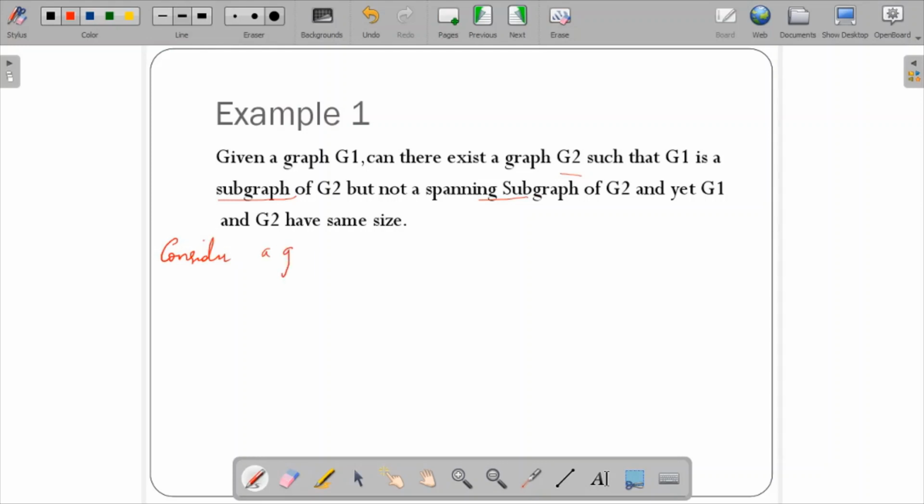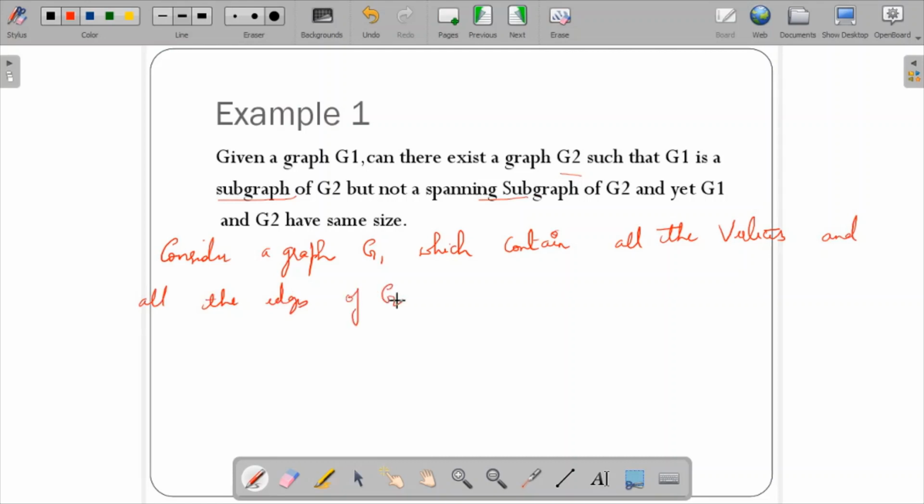Consider a graph G1 which contains all the vertices and all the edges of G and at least one extra isolated vertex.